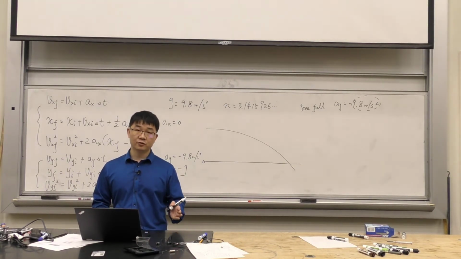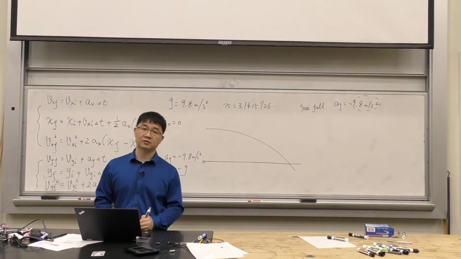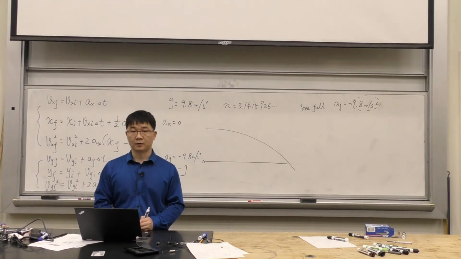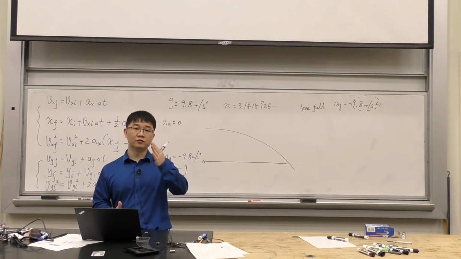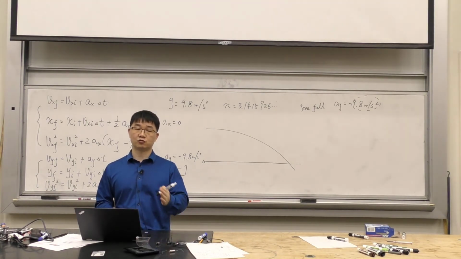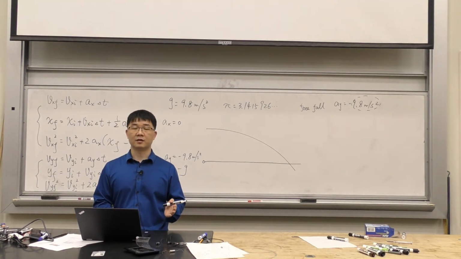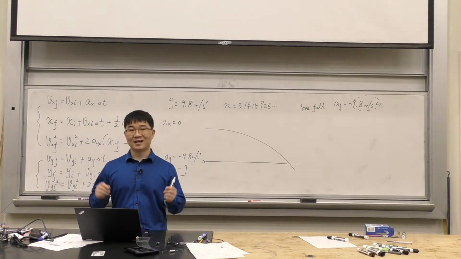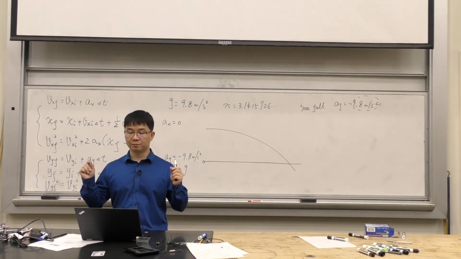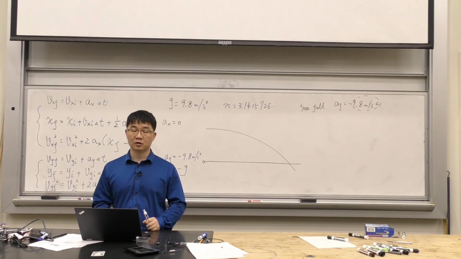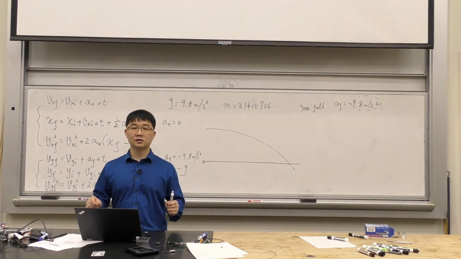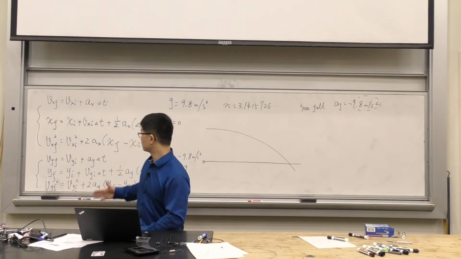The only value you can use in both x and y direction is the time, because the time is the same. It's moving both in x and y direction, so of course the travel time is going to be the same in both. That's the only thing you can plug in both directions, the same value. But other than that, velocity in x and y direction, totally different. Acceleration, totally different.